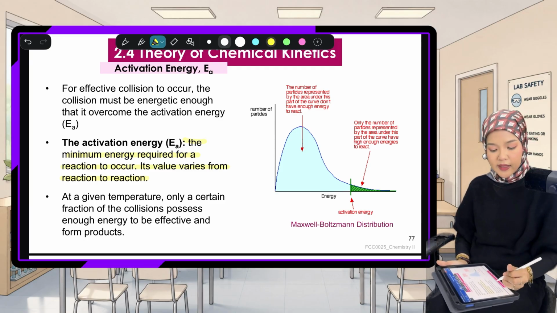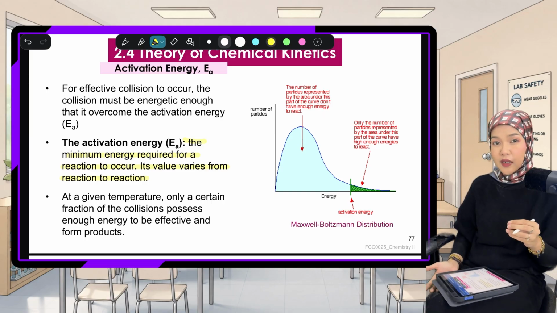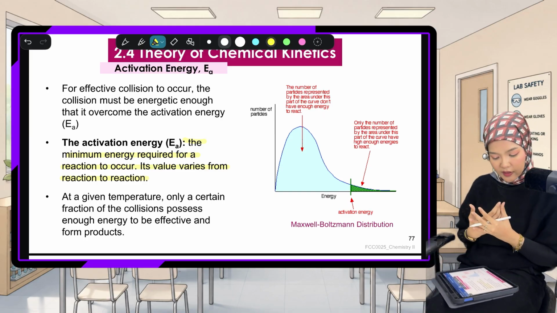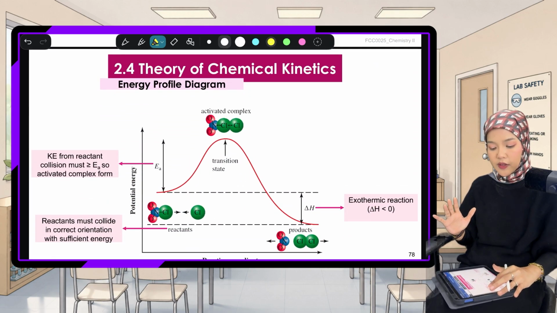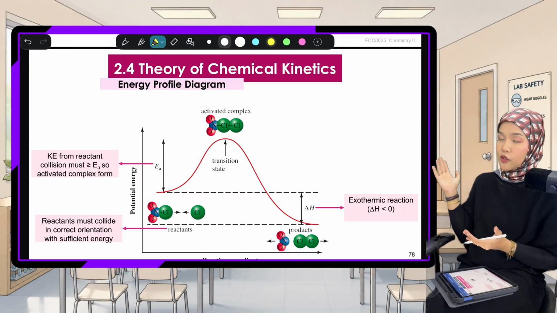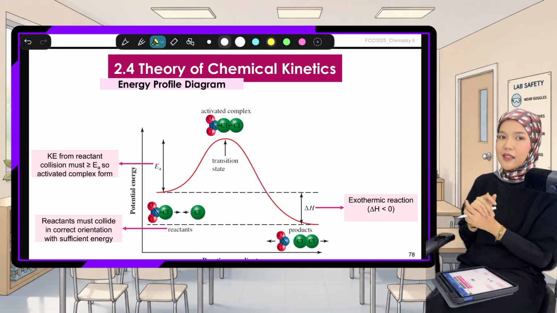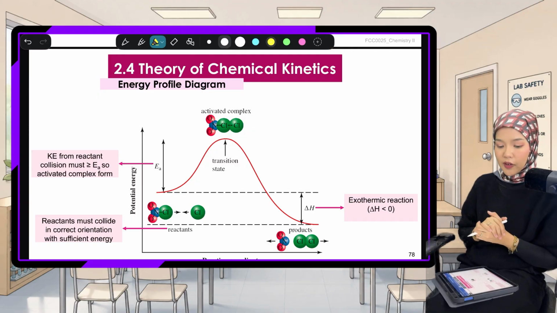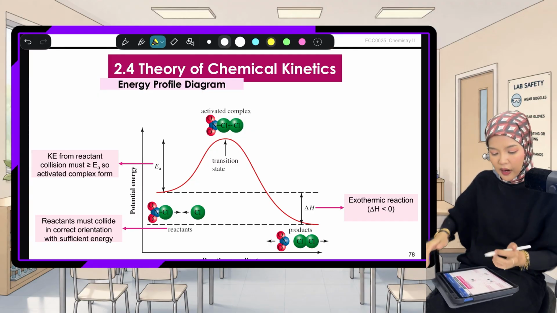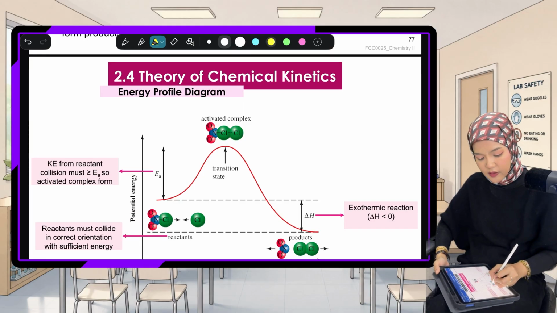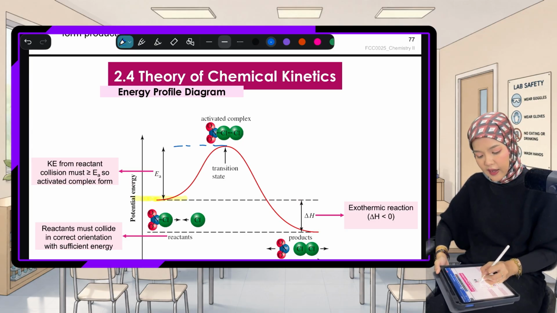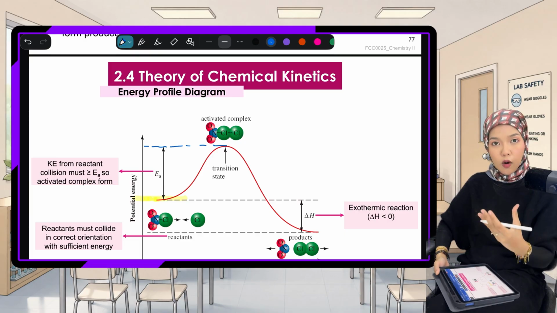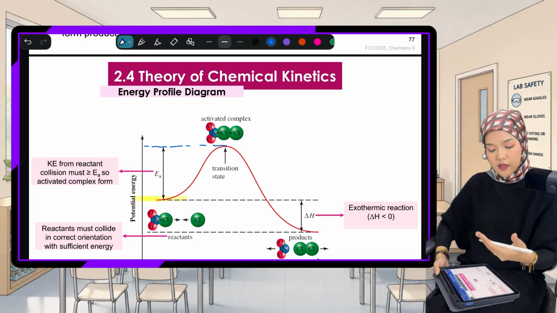At a given temperature, only a fraction of collisions will possess enough energy to be effective and form products. But let me first share with you this energy profile diagram. Do you still remember that you learned this during high school? Now, you have your reactant. This is the energy level of your reactant, and this is the energy level of the activated complex, or sometimes we call it the transition state.